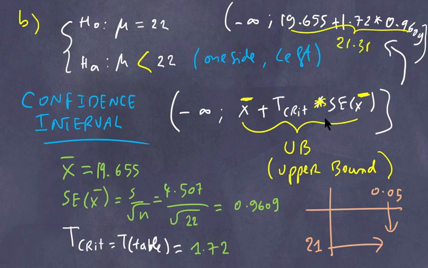The upper bound for the confidence interval is 21.31, so the confidence interval goes from negative infinity to 21.31.